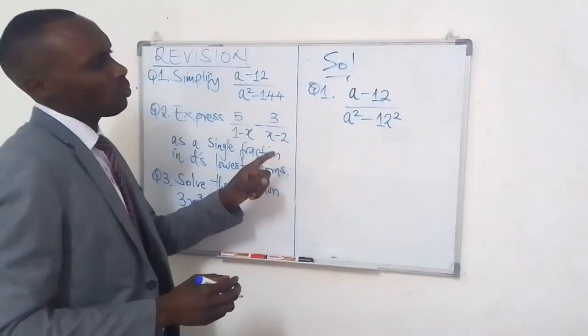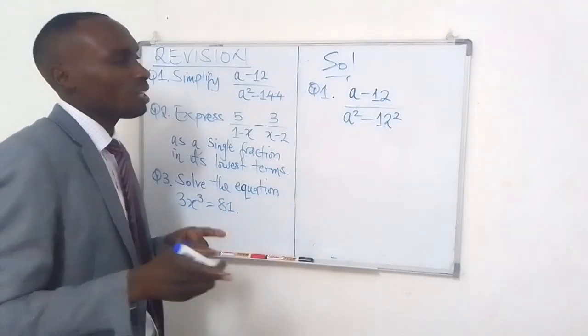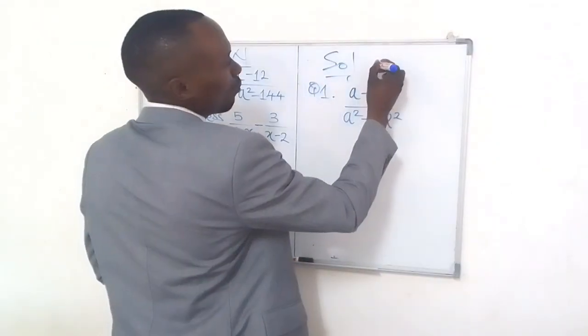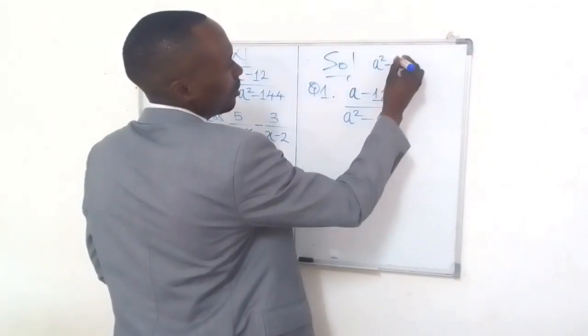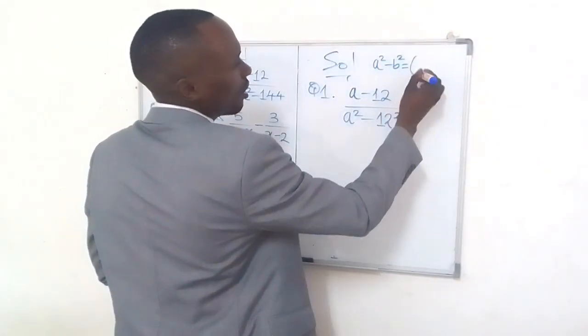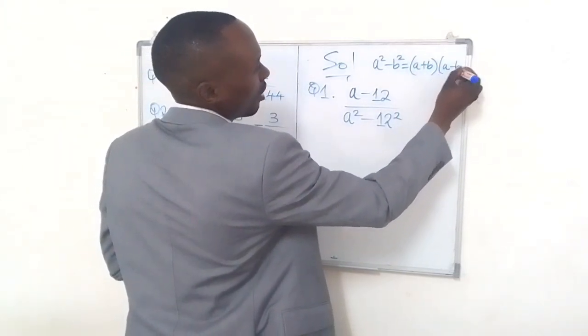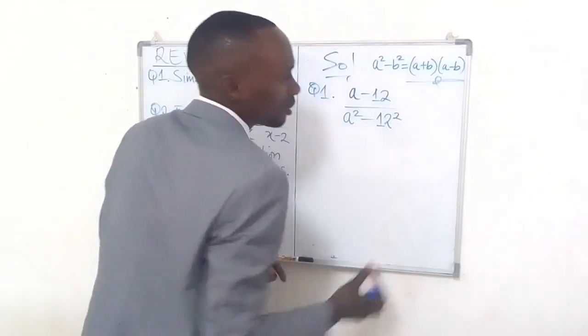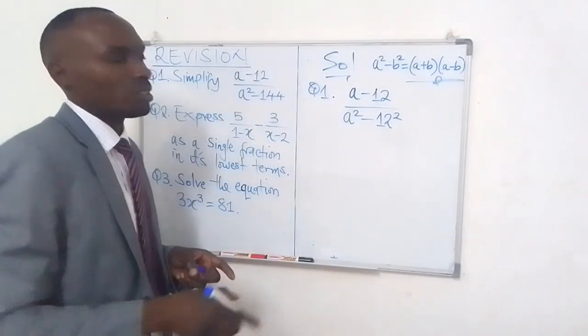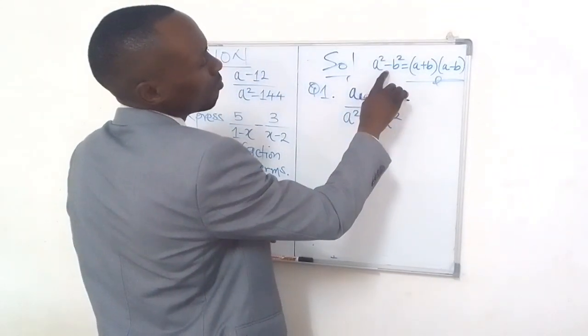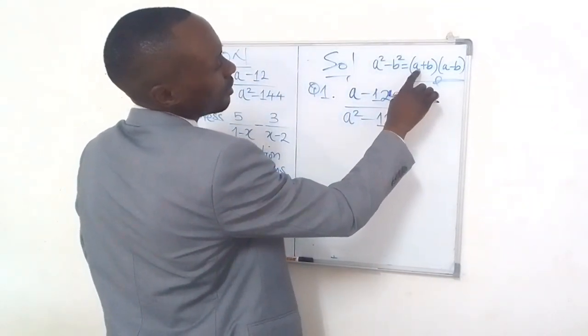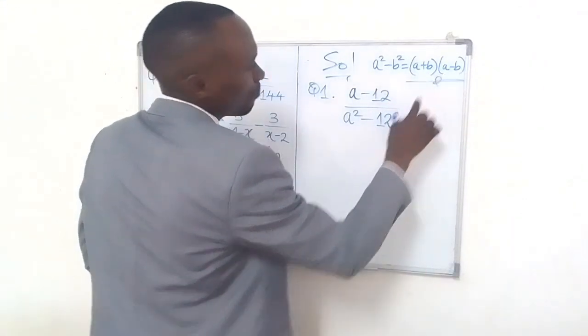Now when we have a squared minus 12 squared, this can be written as, if you have this form, a squared minus b squared, this is the same as a plus b, a minus b. So this here is the concept of difference of two squares.